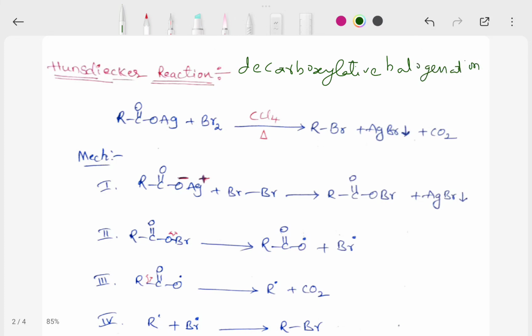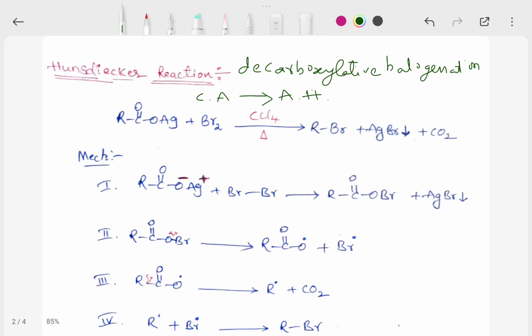What is happening in this reaction? Carboxylic acids are converted to alkyl halides.